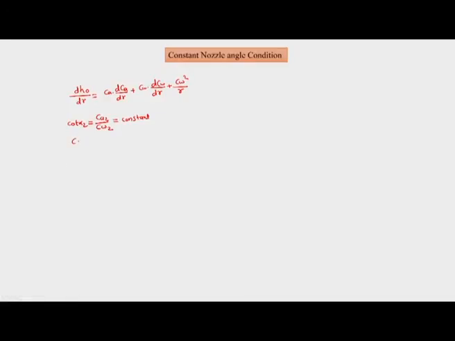So we have Ca2 is equal to Cw2 cot alpha 2. So we have dCa2 upon dr is equal to cot alpha 2, a constant, into dCw2 upon dr. Okay. Then we can use this term in equation number 1.